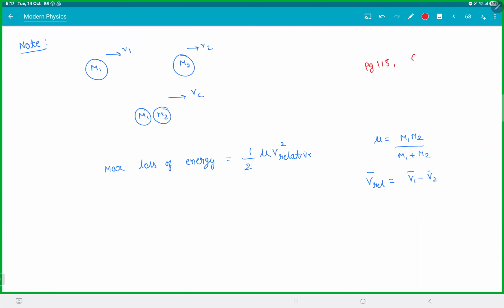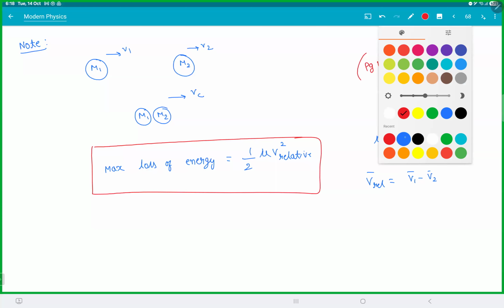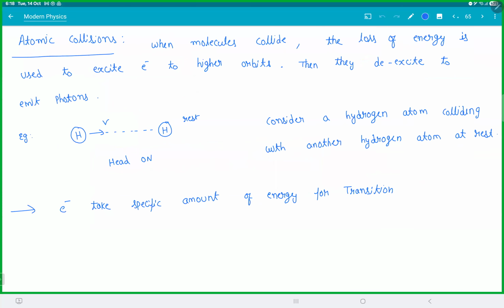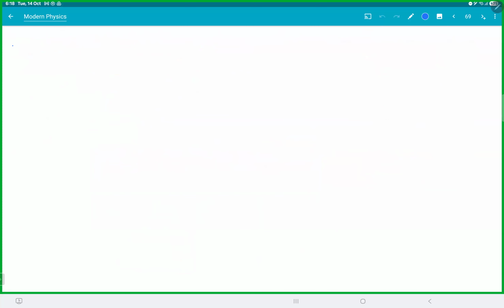Page 115, center of mass. Let's see a question based on this. Let's say we have a neutron going with speed v.